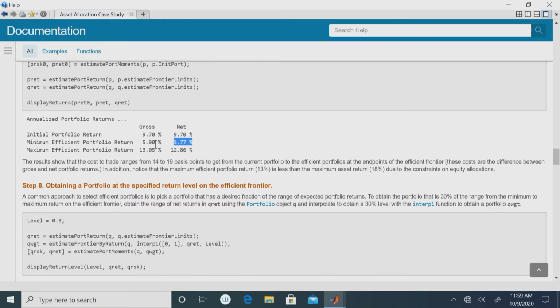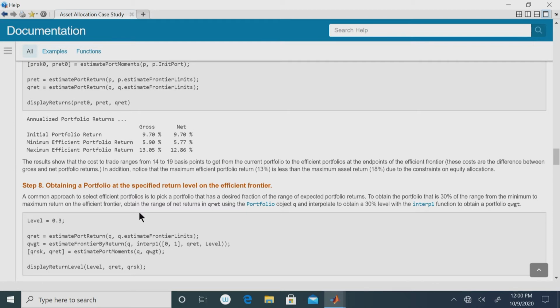As expected, the net return for the minimum as well as the maximum efficient portfolio is less than the gross, because some of those returns are eroded in the case of net, since this is what you get after your transaction costs have been incorporated.